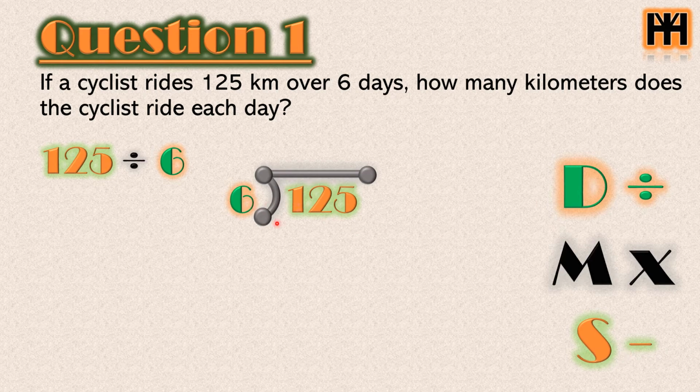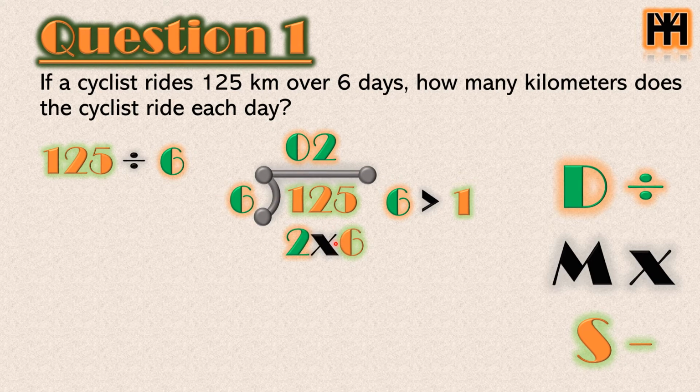So okay, 1 divided by 6 can't be, because 6 is bigger than 1. So we'll put 0 here and we'll go to the next digit. So 12 divided by 6, or how many 6s in 12? It's 2. Then multiply, so 2 times 6 is 12.